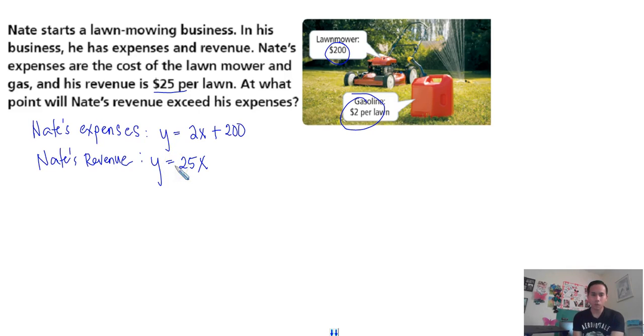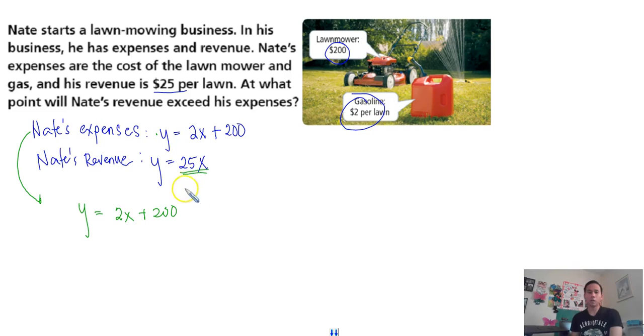So what I'm going to do is, we have two values of y. Okay, maybe I'll just change that into a different color. So I can substitute one of those so that it will be equal. Okay, so I have the value of y is 25x, and then I'll be using Nate's expenses, which is y is equal now to 2x plus 200.